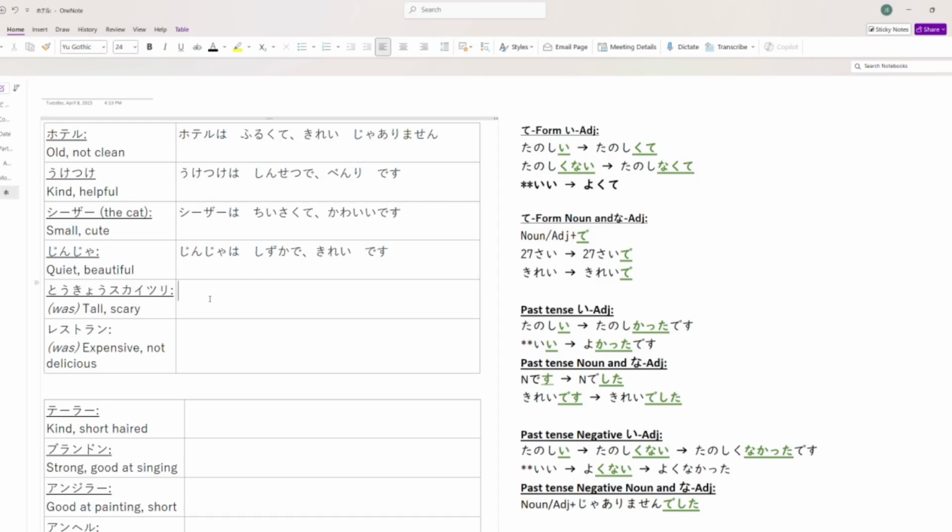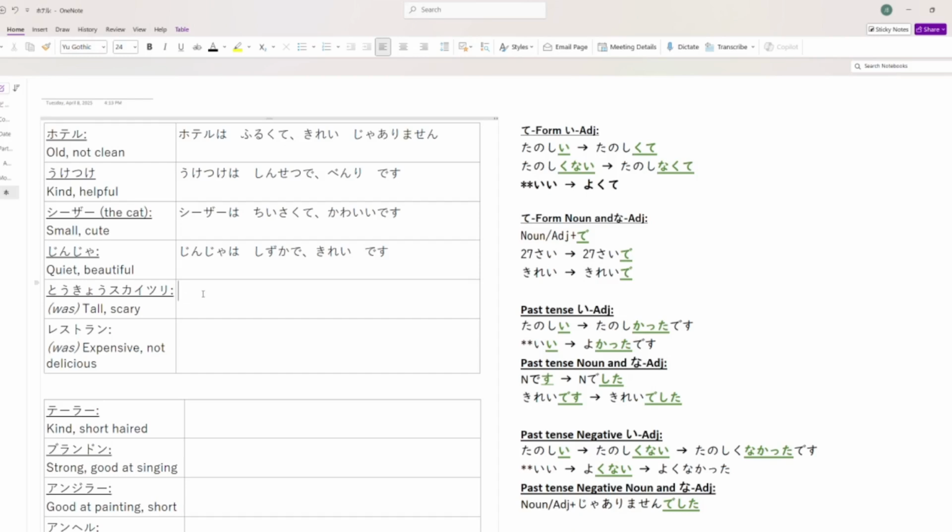We only do the last one to notate the tense. Everything else we transform into te form like we have been so far.